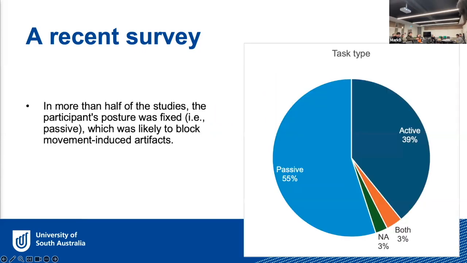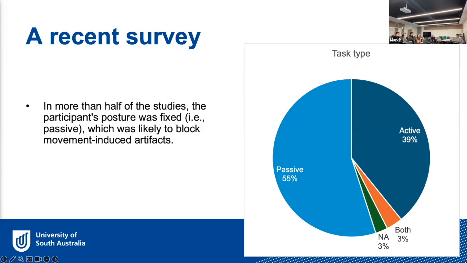And also, what I found was that more than half of these studies are usually in a passive environment, which means they ask the participants to stay in a fixed position.